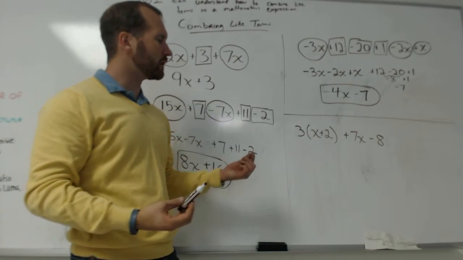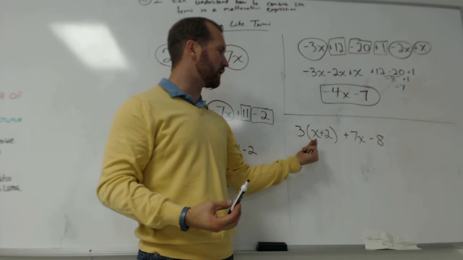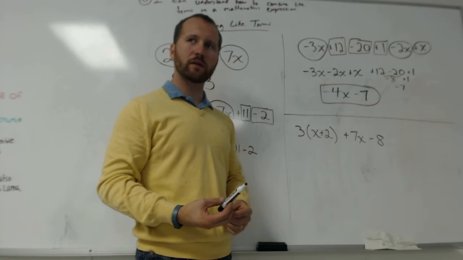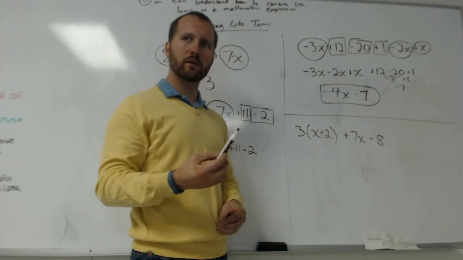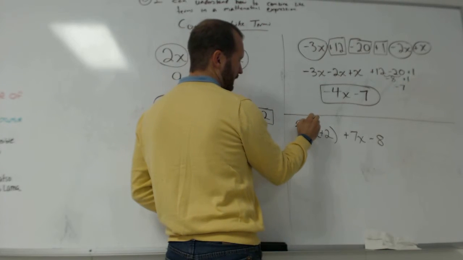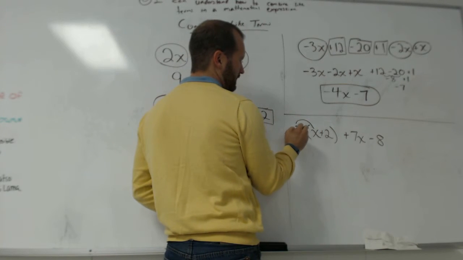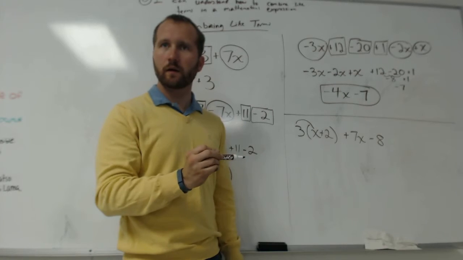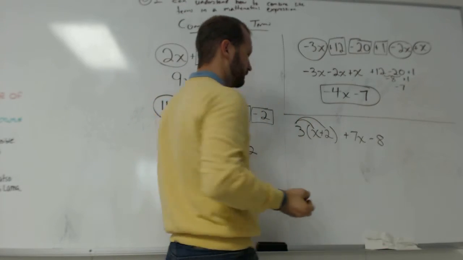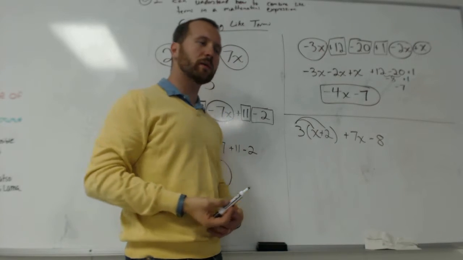So what is something we learned? What's a property we learned that would allow me to get rid of the parentheses here? I'm going to take this 3 and multiply it times the x. And what else? I'm going to multiply it times the 2. Distributive property.